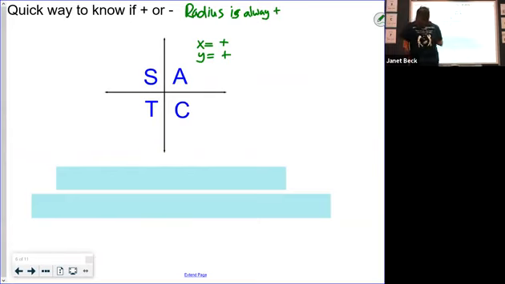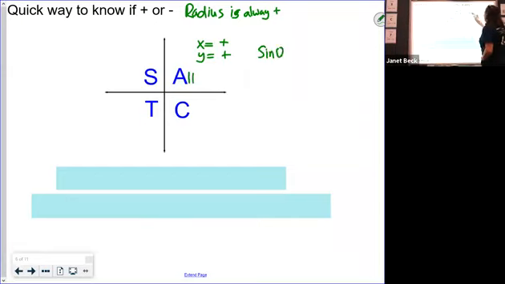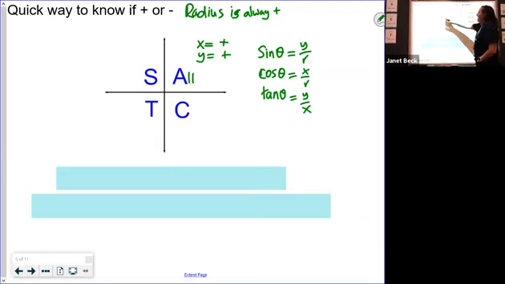So in quadrant 1, all trig functions are positive, your main trig functions, the three you first learnt: sine, cosine, and tangent. That's what this A, S, T, and C stands for.